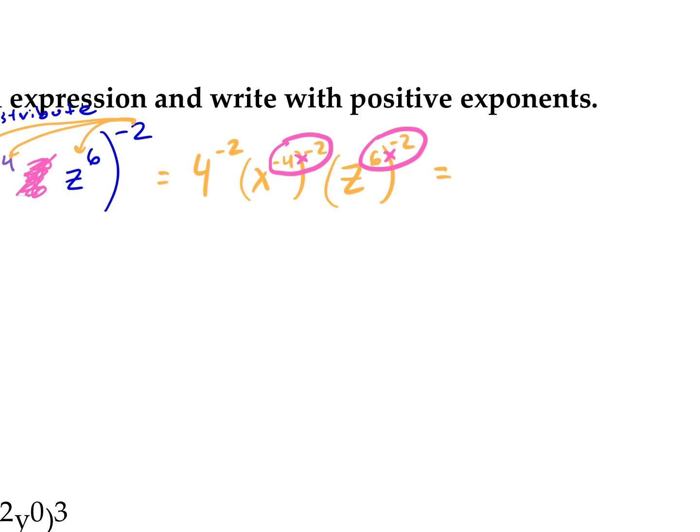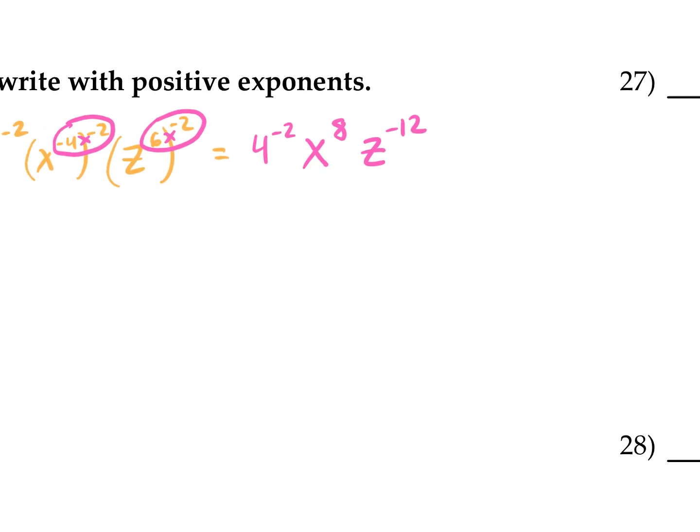So I have 4 to the power of -2. What is -4 times -2? 8. Careful, you're multiplying. So it'd be +8, and then I have z to the power of what's 6 times -2? -12. Can we leave negative exponents in our answer? No, we got to make them positive. How do we make them positive?